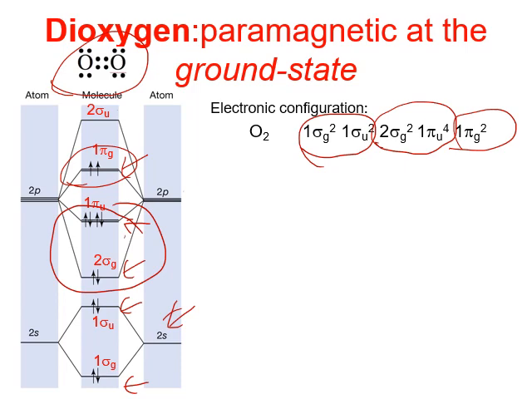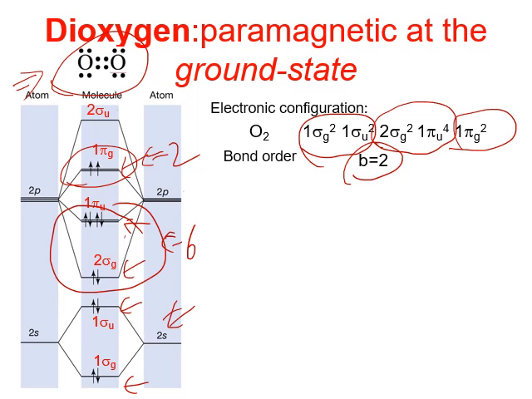So start from 2 sigma g, you have 6 in bonding molecular orbitals, 2 in anti-bonding. So 6 minus 2 is 4. 4 divided by 2 is 2. So bond order is 2.